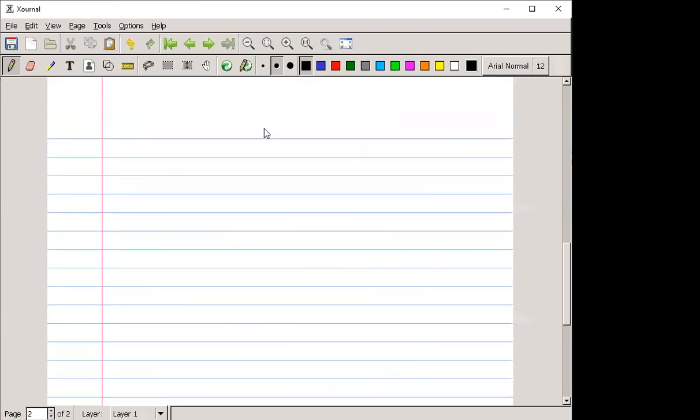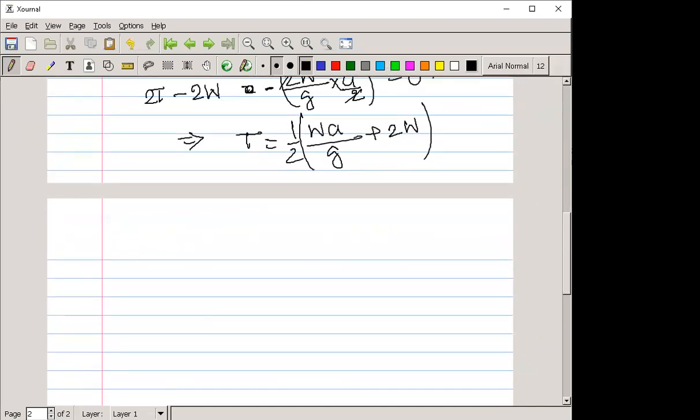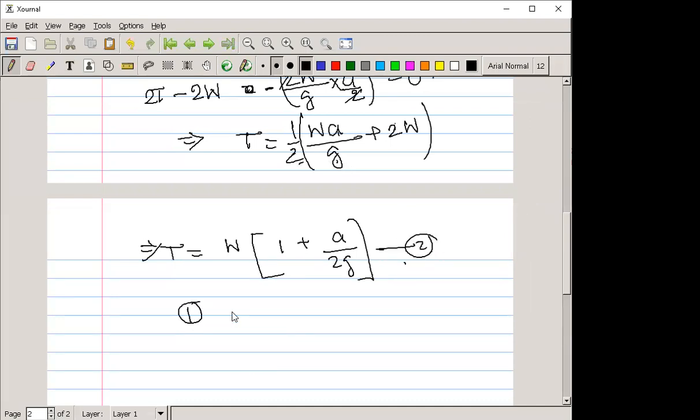So we can write T is equal to, take W as common and write this half inside. So you will get 2 deducted, W outside, so W times 1 plus A by 2g. And now equation 1 and 2, equate both.